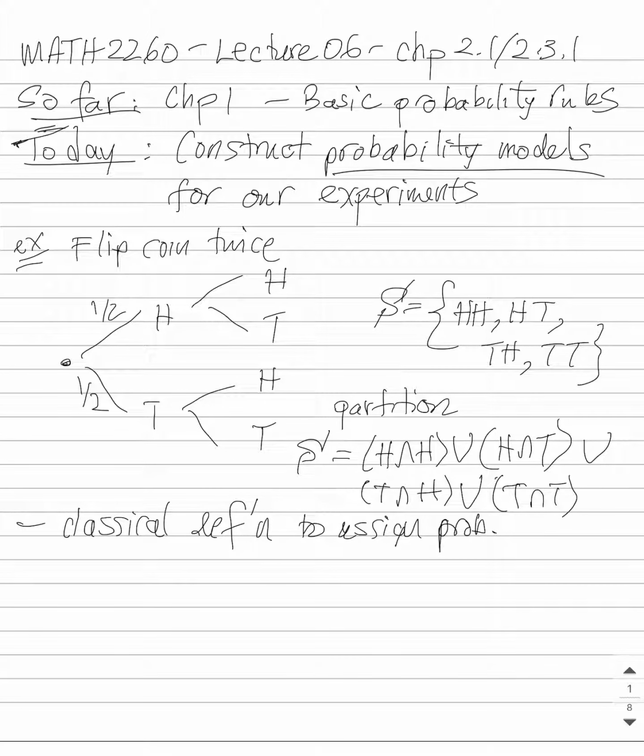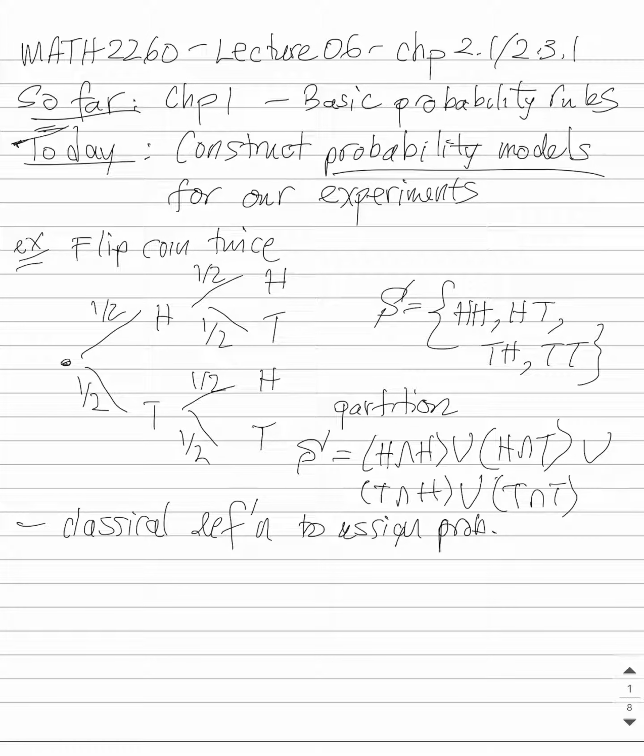We also discussed independent events, experiments that have no memory of what happened in the previous stage. And so this qualifies as an example of independent events. So this picture and this description tells us everything we need to know about this experiment.